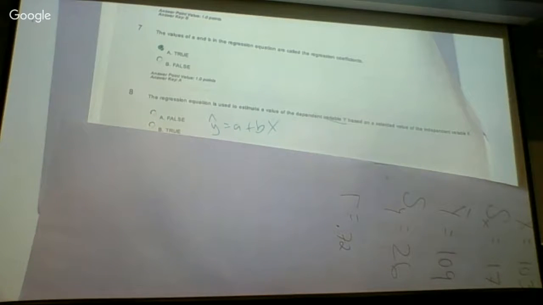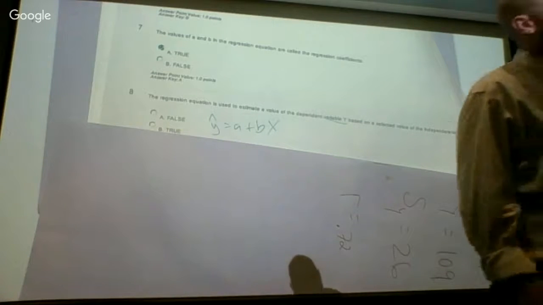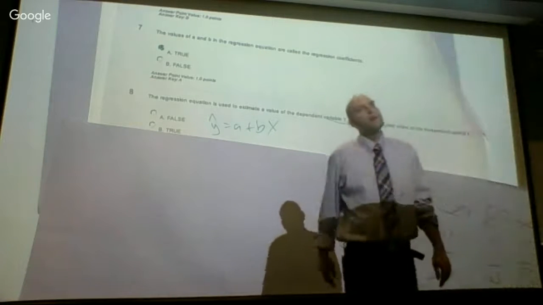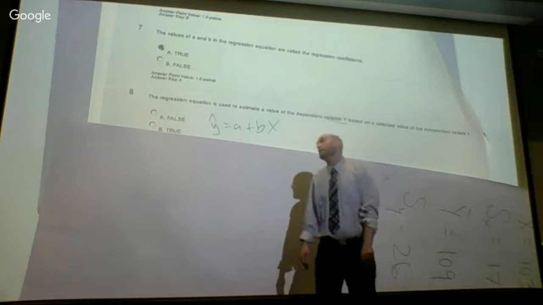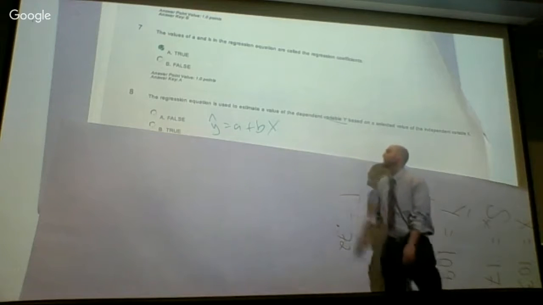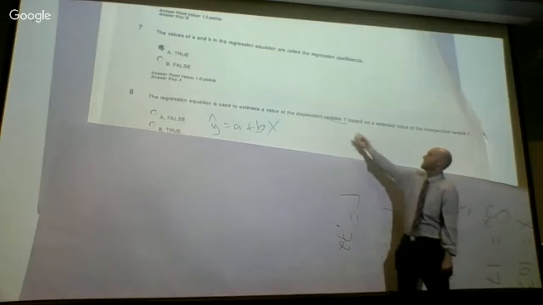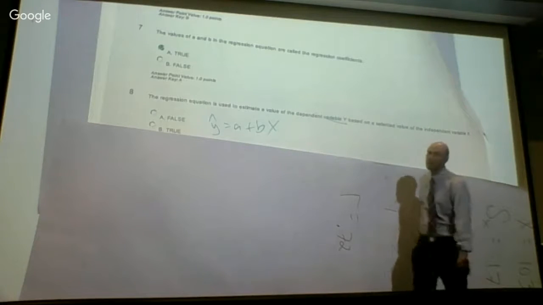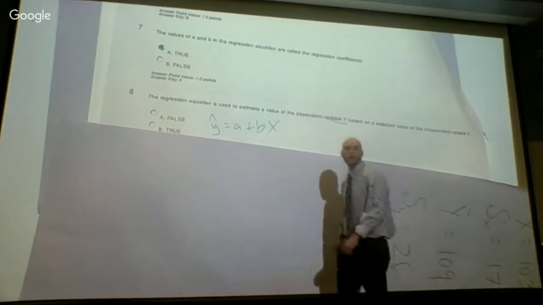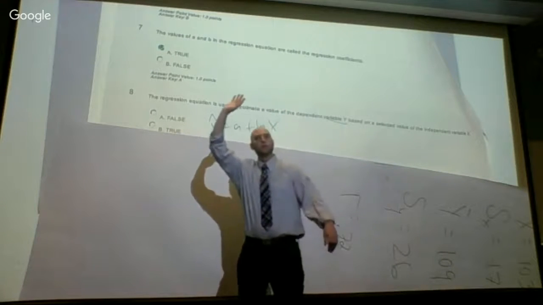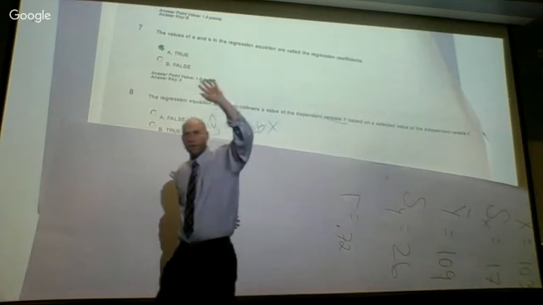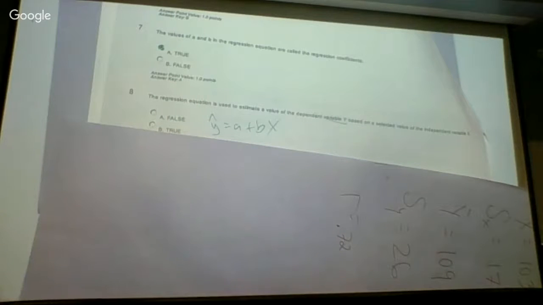The predicted value of y is equal to a plus b times x, which is the regression equation. And it is used to estimate a value of y based on some value of x. So who says true? Who says false? Momentum towards true carries the weight. True.